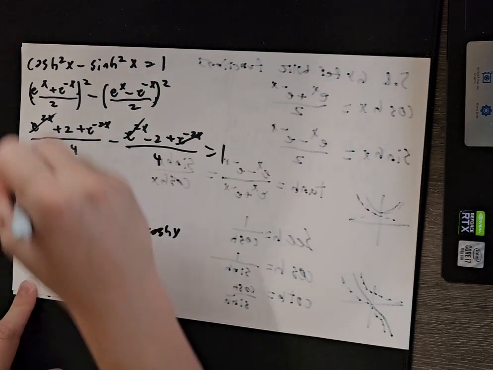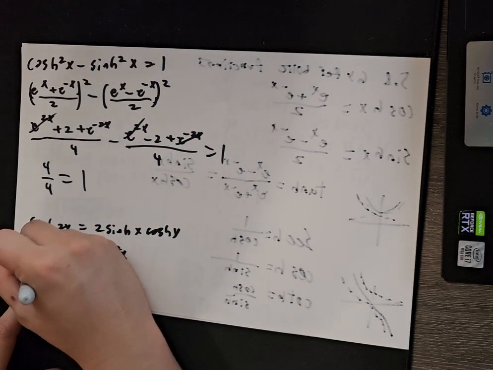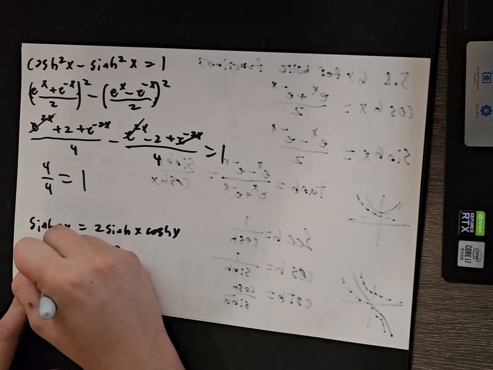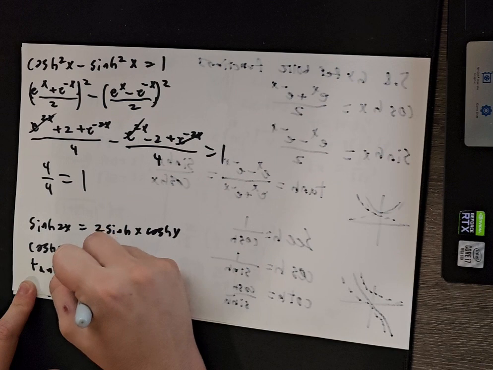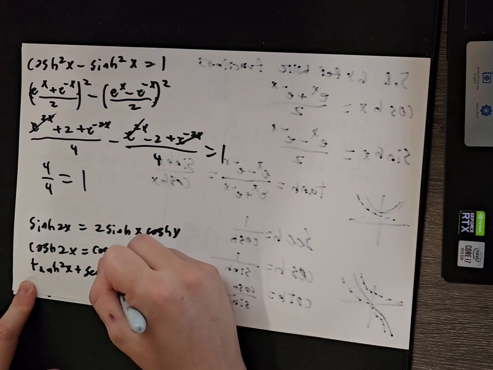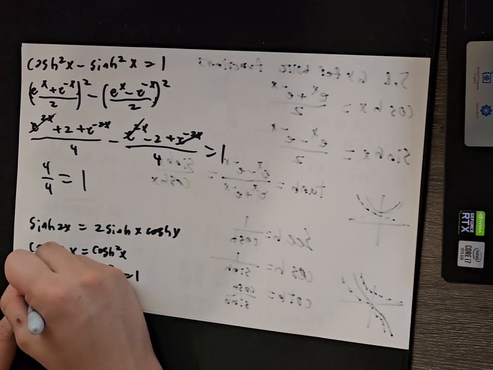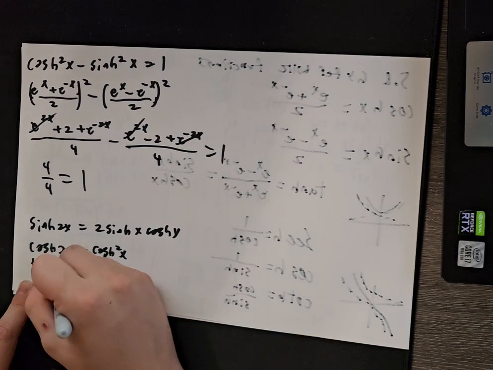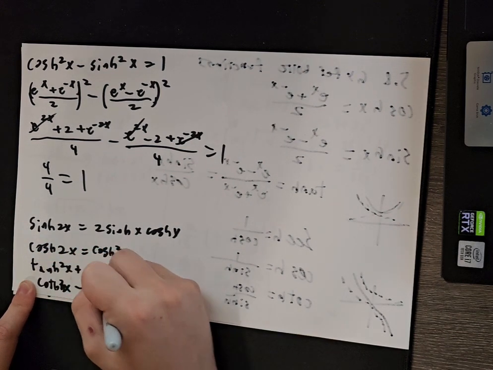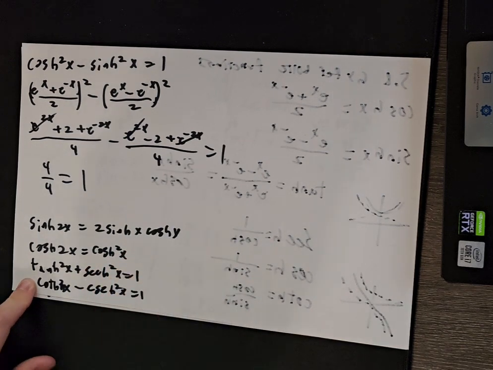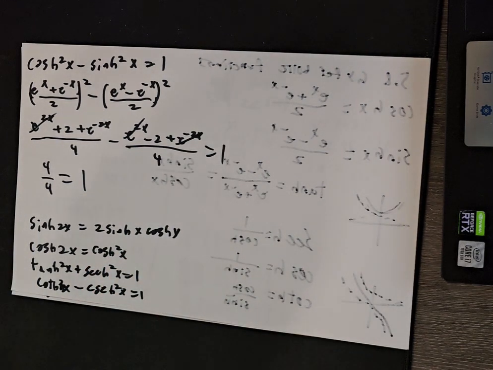It also has some more identities that look like this: tan h squared of x plus secant h squared of x equals 1, and cotangent h squared of x minus cosecant h squared of x equals 1. There are a few other identities, but they generally are similar to the other trig functions.